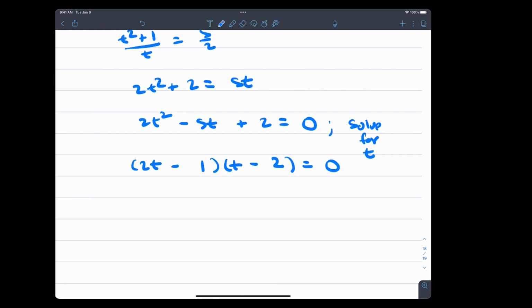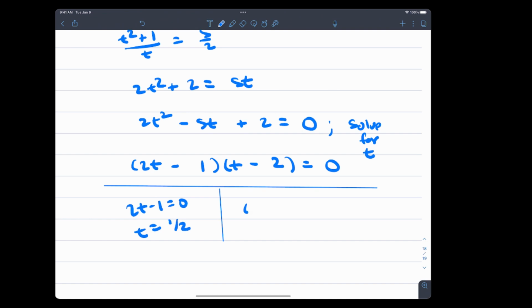The last term is plus 2. What about the middle? Minus 4t, minus 1t. Is that minus 5t? Looks like it's factorable. I'm happy when it's factorable. You get 2t minus 1 is 0, so t is 1/2. T minus 2 is 0, so t is 2. So double check my work, okay?